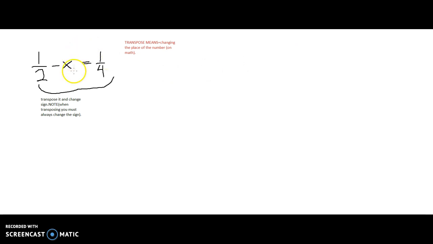So first you're gonna transpose the 1/2, which you will always need to change the sign, so it will be negative. What we're gonna do is make it negative 1/2.